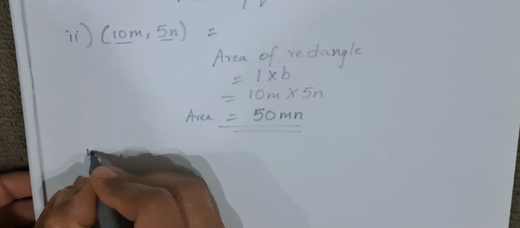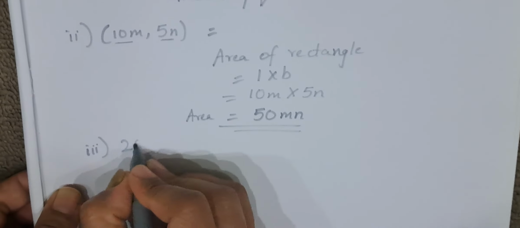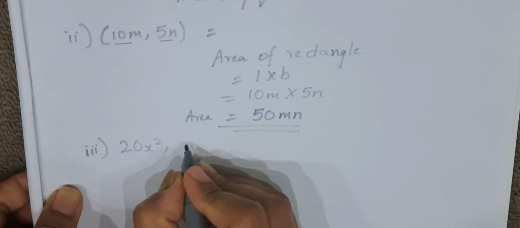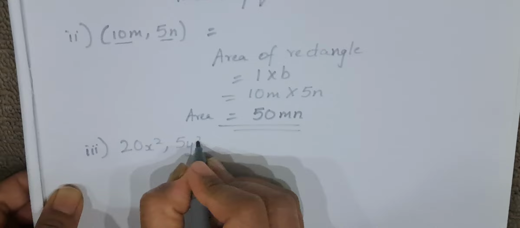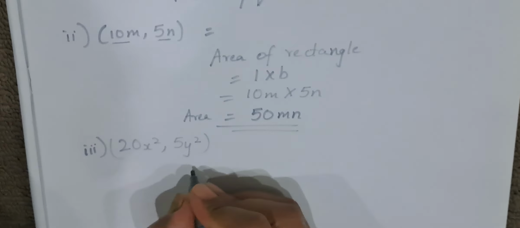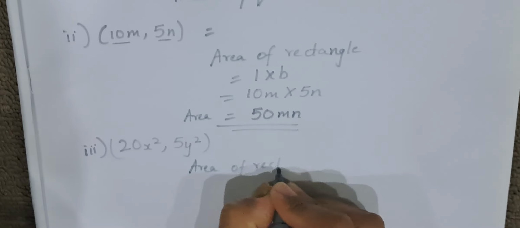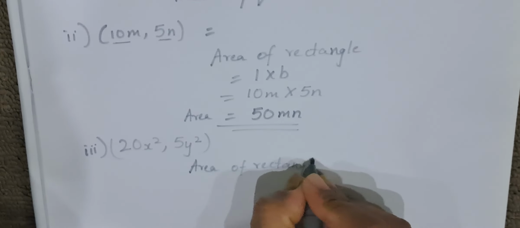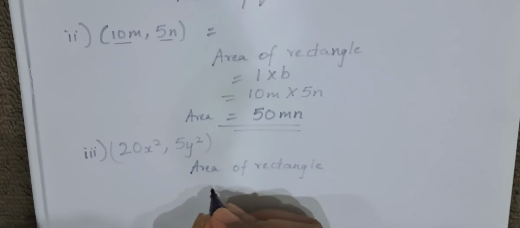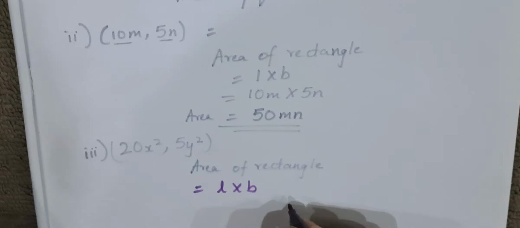Now let us move on to the third one. 20x square and 5y square. Now in this case, to find the area of the rectangle, it will be length times breadth.